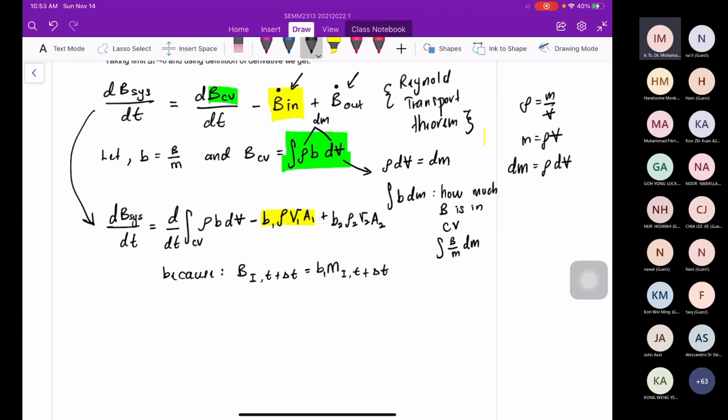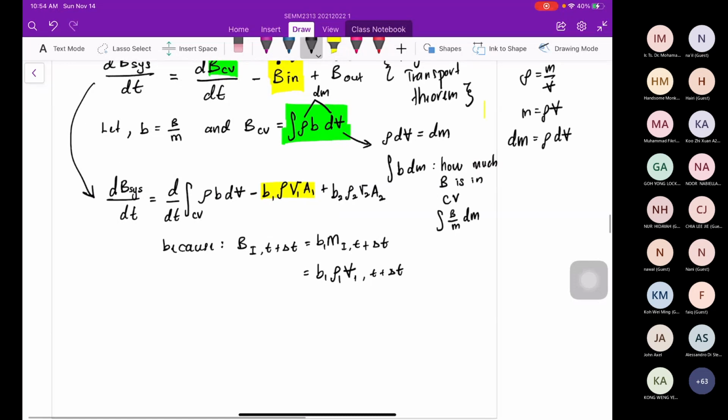Alright. So from here, b1, mass. How to get the mass? Mass is the rho multiplied with volume, right? This is 1, this is 1, this is T plus delta T. From here, I want to expand the volume further.